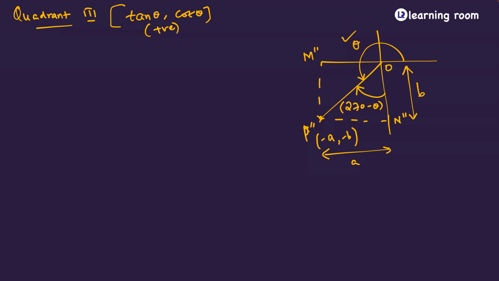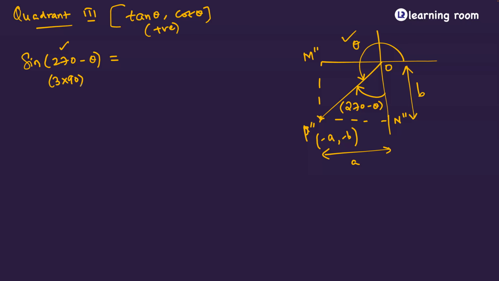So whenever you write sine of 270 minus theta, what do you think you are going to get? If you observe, 270 is 3 times 90, so it is again going to be a complementary value.